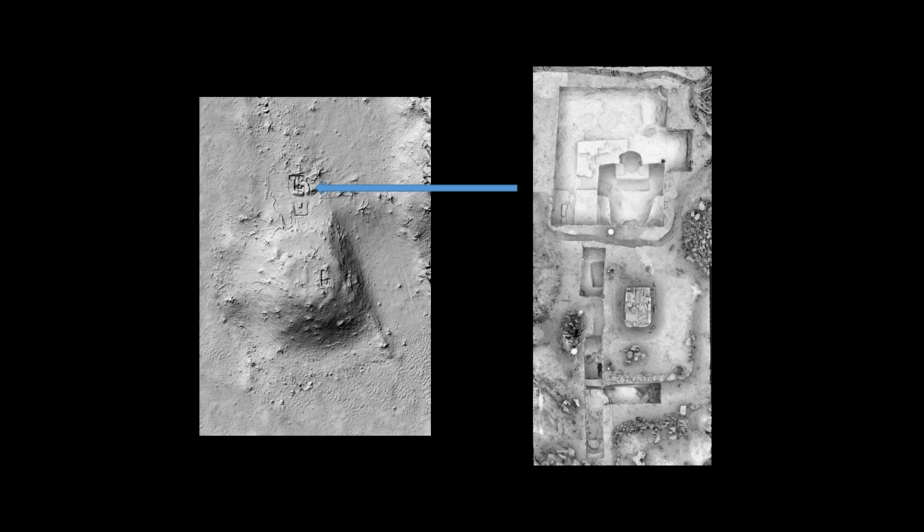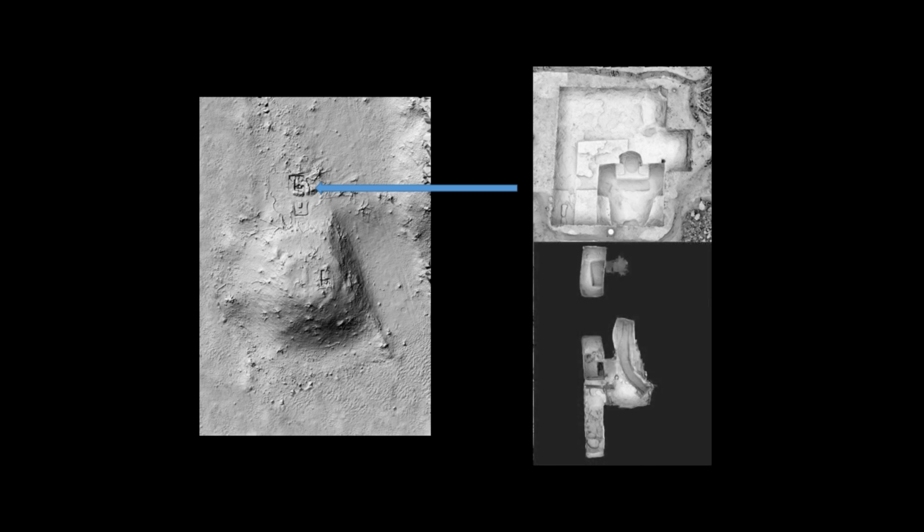Of course, many of these structures or elements are normally not visible from the ground surface, so we have an opportunity to recognize some new elements. On the right side, we have the steam bath we excavated during 3 seasons. This is related to ritual purification.